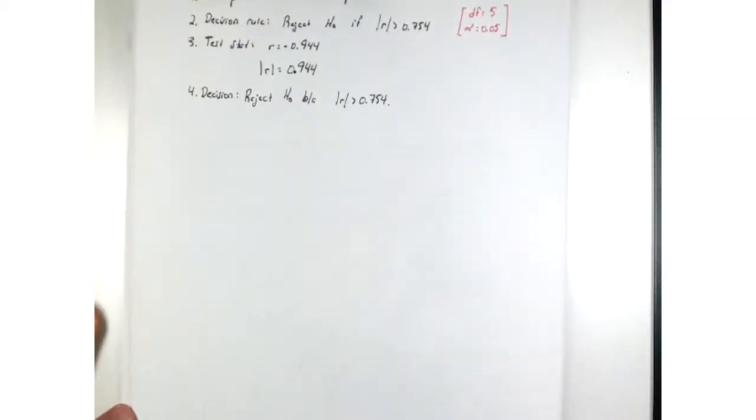Simple as that. So that's the easier way to do it. And you'd have the same conclusion as you did on the previous page, that there exists a significant linear relationship between the number of absences and the corresponding final grades. Is everyone following me up to there?